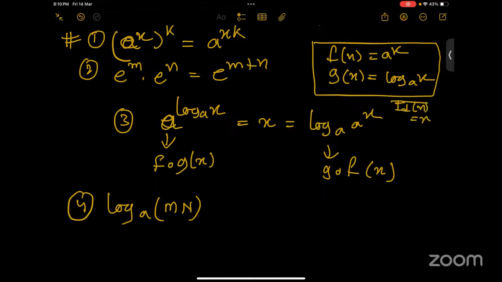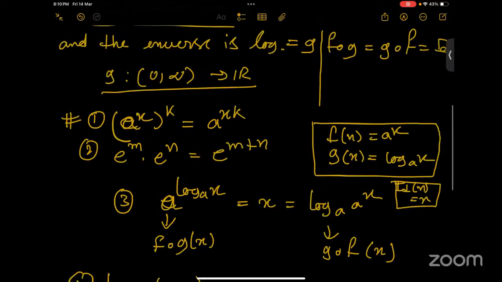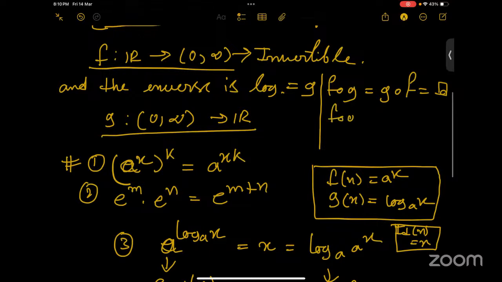This is the identity function. It always maps the point to the same point. That means f compose g of x will be equal to x, and this will be equal to g compose f of x. It will always be x for every function. Identity of x means x itself. Okay. Any other doubt?